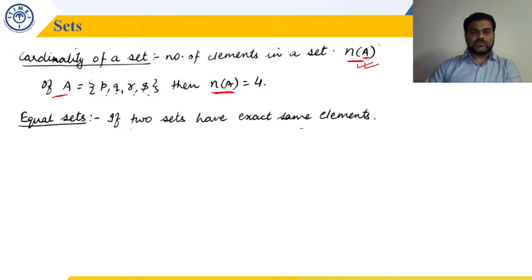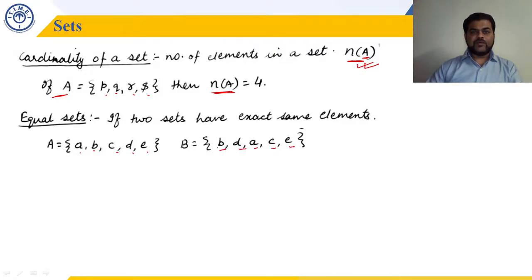What are equal sets? Two sets are said to be equal if they have the exact same elements. So let's look at this. We have A, B, C, D, E. Here also we have A, B, C, D and E. So these are known as equal sets.